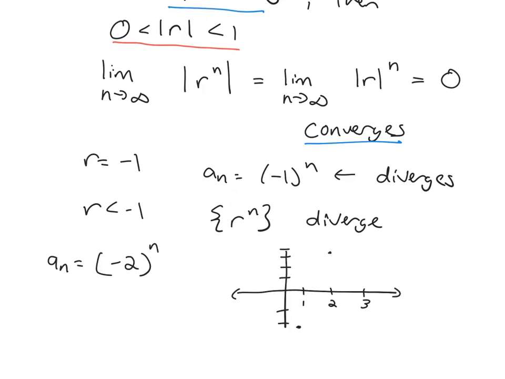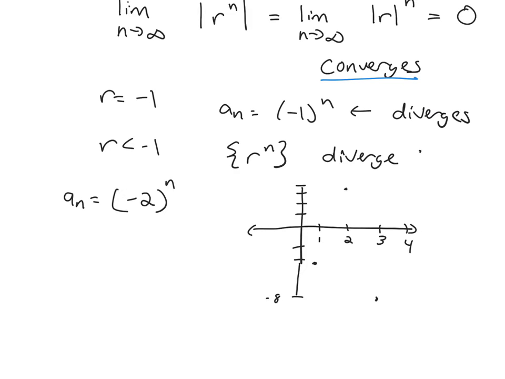If you plug in 3, you'll get negative 8. If you plug in 4, you're going to get positive 16. So what's happening is they're spreading further apart, which means the limit doesn't exist. They've got to come together, right? I've got to converge to a number. My numbers can't get further and further apart.